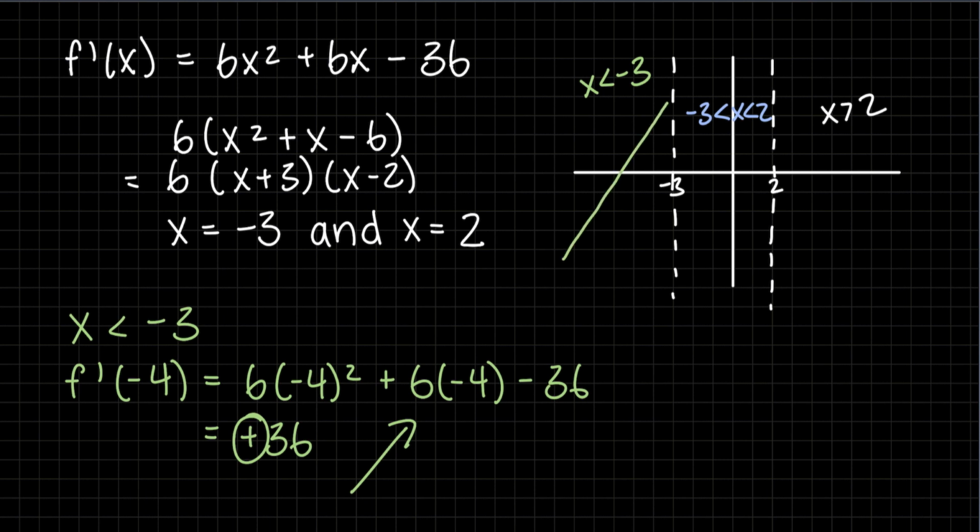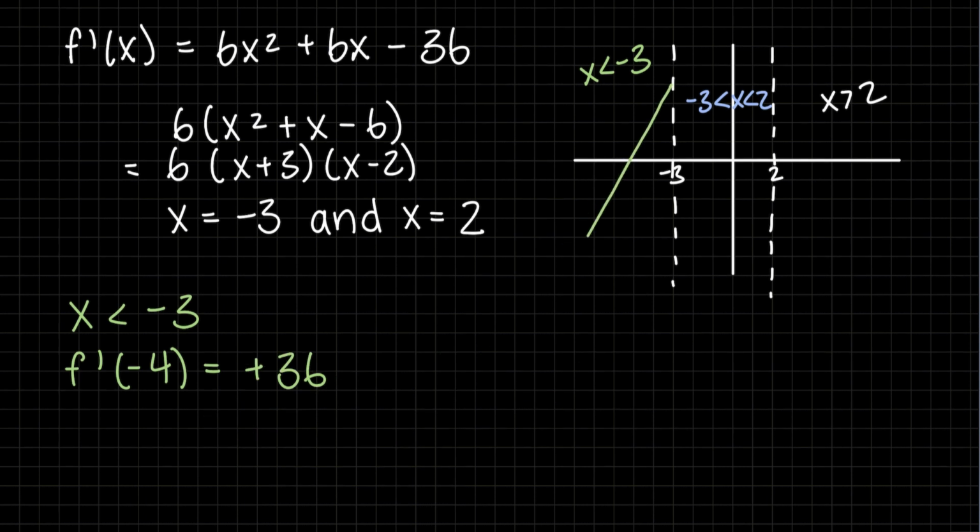So, like this. Now let's take a look at the next region here, where x is between negative 3 and 2. I'm going to choose 0 because it's easy to work with.